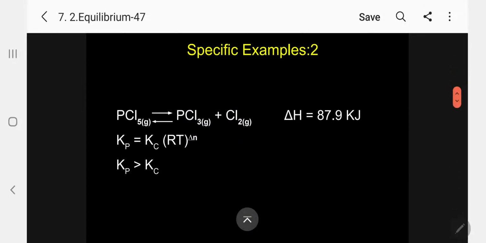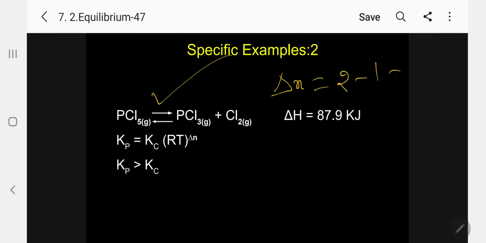So let me take example 2. This is the decomposition of PCl5 into PCl3 and Cl2, all gases. Reactant PCl5 gas, products PCl3 gas and Cl2 gas. Kindly follow: delta n equals 2 minus 1, products minus reactants, which is 1, a positive value.